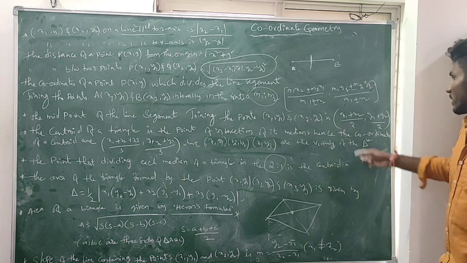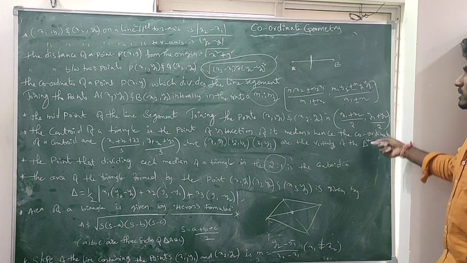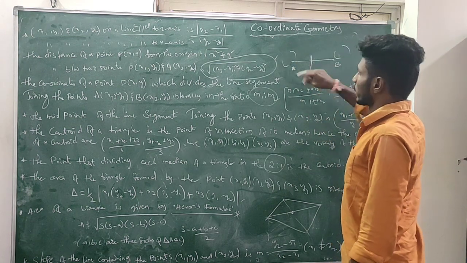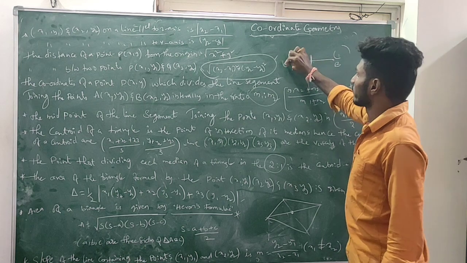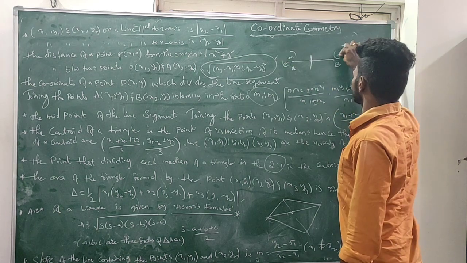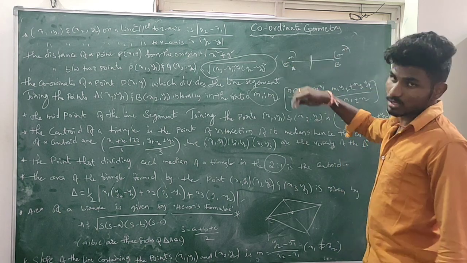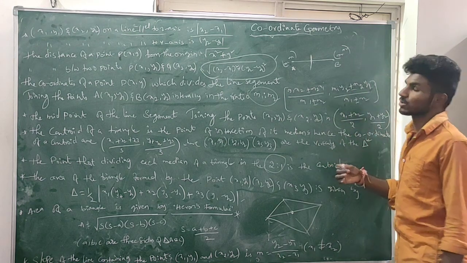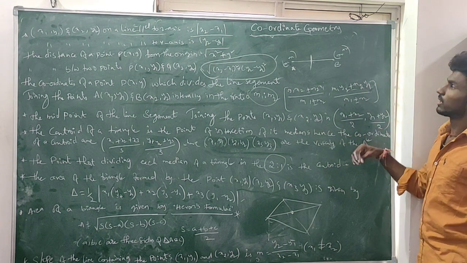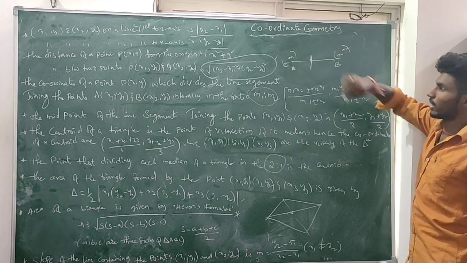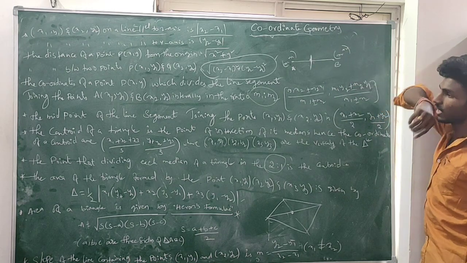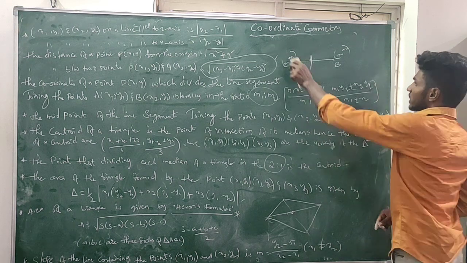The formula is (x1 plus x2) by 2, (y1 plus y2) by 2. Here we have x1, y1 and this is x2, y2. Just keep the x1, y1, x2, y2 values in this formula and you will get the middle point of the given line segment. Now I am interested.